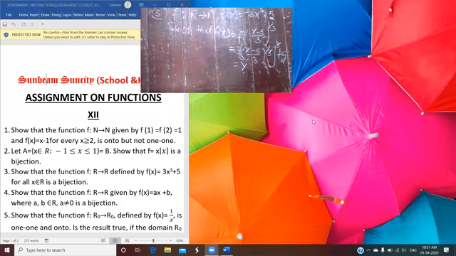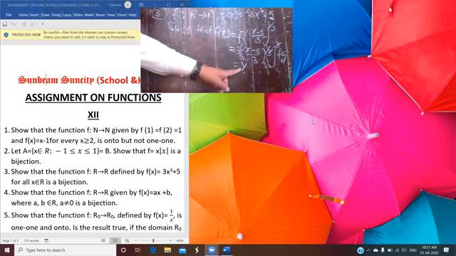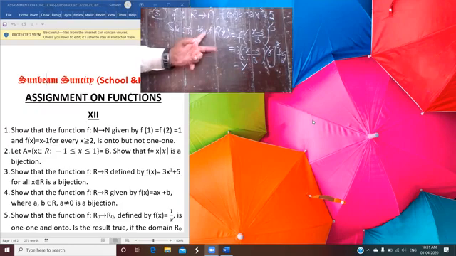So here you see that for each element y belonging to the codomain, there exists x equal to ((y minus 5) upon 3) whole power 1 by 3 belonging to the domain such that f(x) is equal to y. So it completely satisfies the definition or the condition for an onto function.